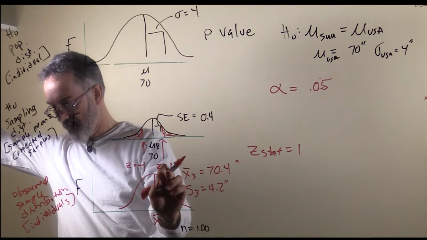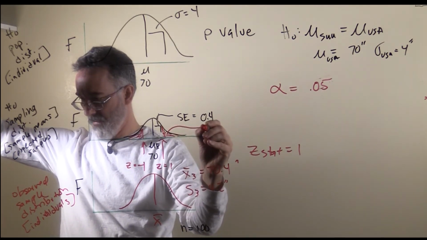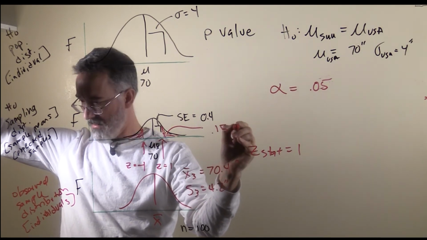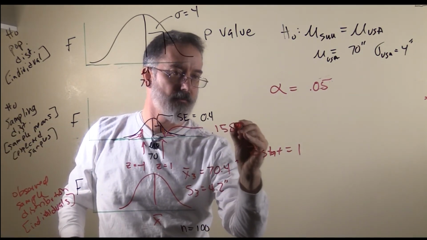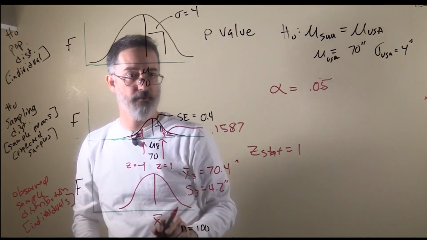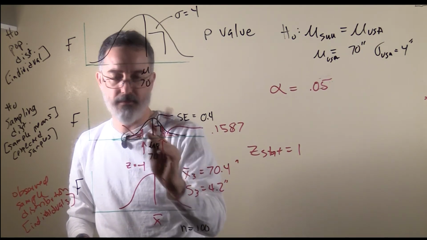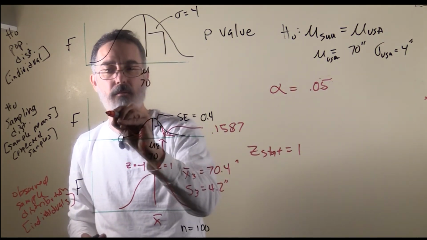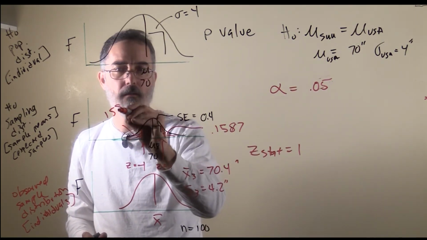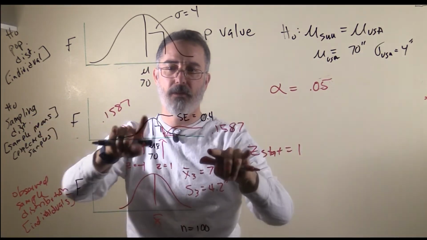So I did that earlier, and I got the area to be 0.1587. So about 16% of the normal distribution is beyond a z equals 1. We're also interested in the area beyond z equals -1. It's a symmetrical distribution, so it'll be the same over there. Right? And the p-value is going to be more extreme either direction, so we need to add these up.